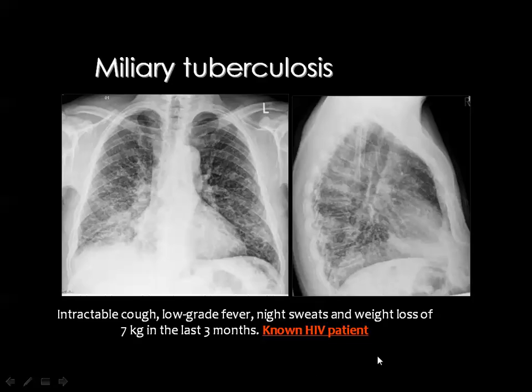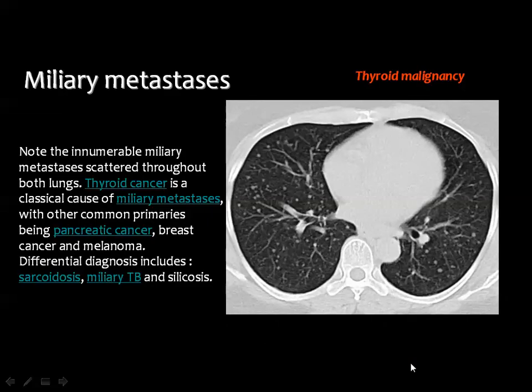And sometimes patients who are HIV positive may have miliary tuberculosis, and at that time you can see that the shadows are bigger than 3 millimeter, but you consider that the patient is immunocompromised and the lesions may be a little bit larger.